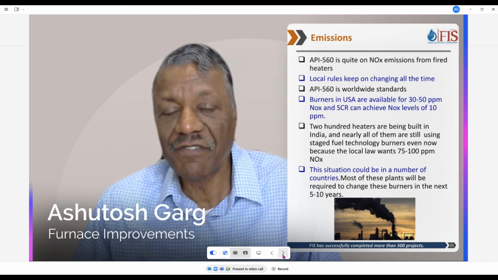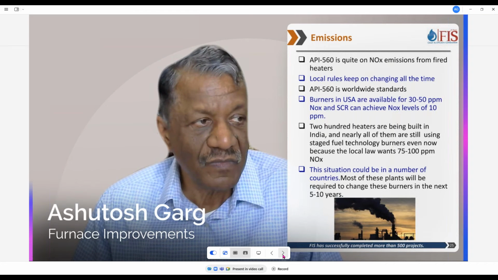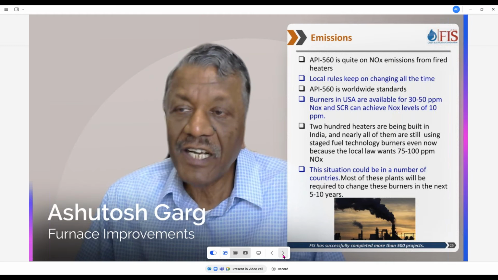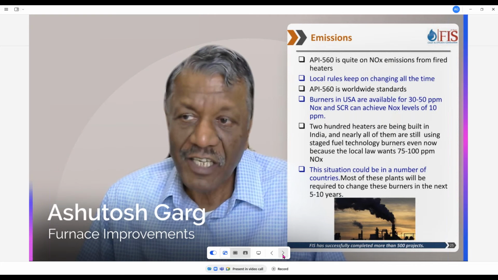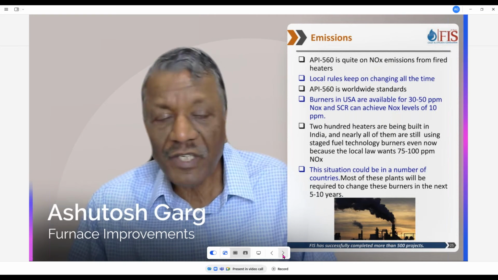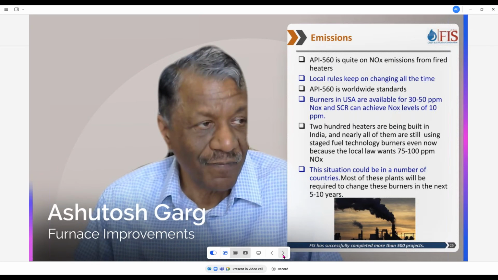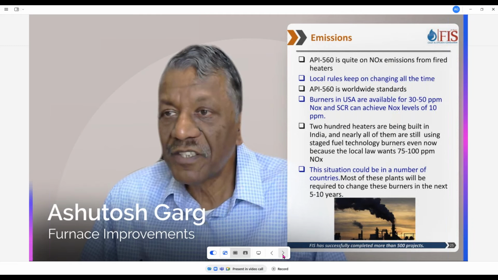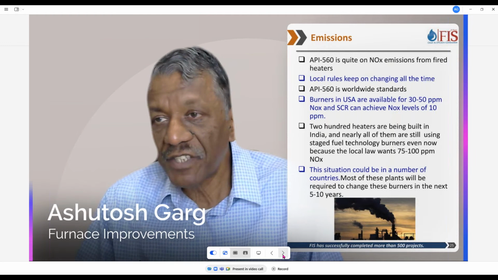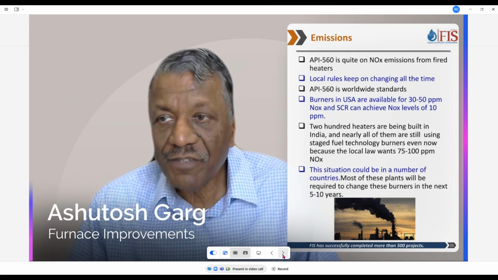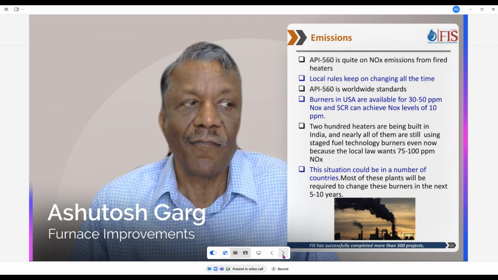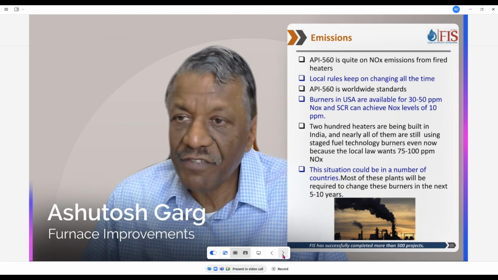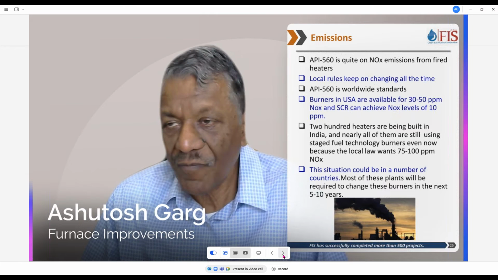SCR is selective catalytic reduction system. We have an office in India and we are doing some business in India, and what I understand is there are 200 heaters which are being built, and all of them are still using the staged fuel gas technology for NOx reduction. And that is because their local laws say they want only 75 or 100 ppm NOx.